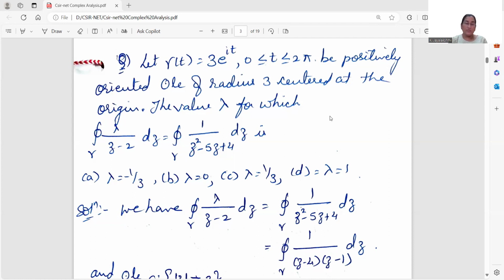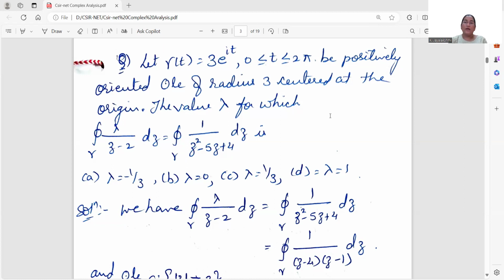The question that appears on the screen is: let gamma(t) = 3e^(it), where t takes values between 0 and 2π, and gamma is a positively oriented circle of radius 3 centered at the origin.